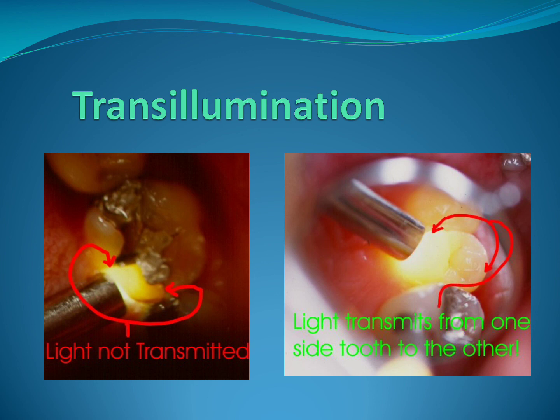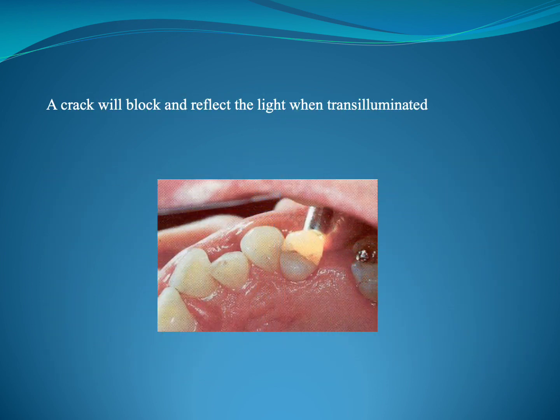If there is a restoration, like in this picture, and there is a crack, you will see that the transmission of light is stopped in this area. That means that there is a crack between these 2 parts, and in this picture it's very obvious also.